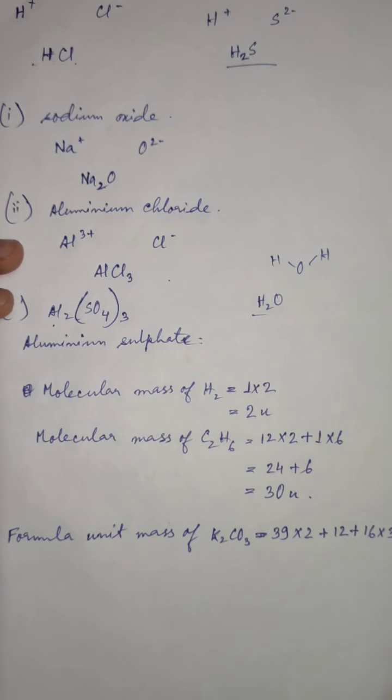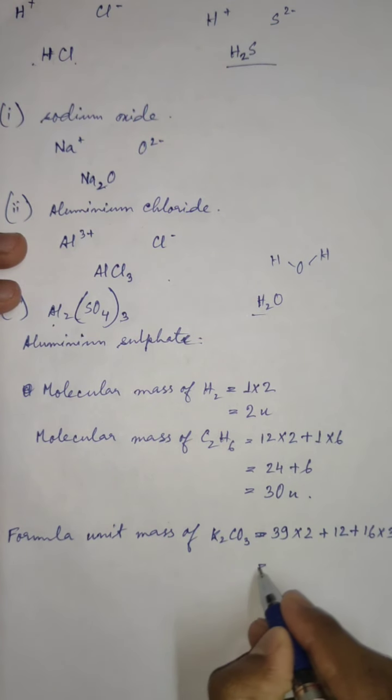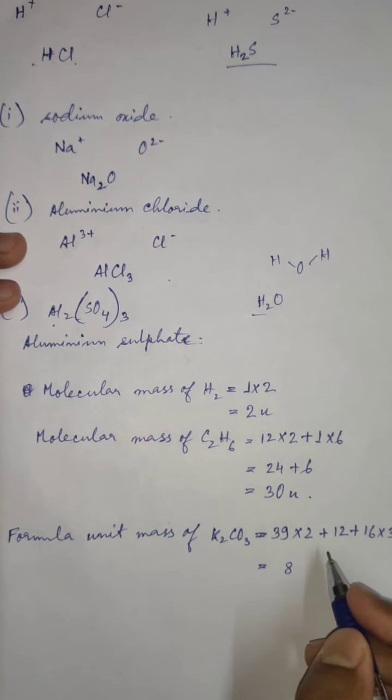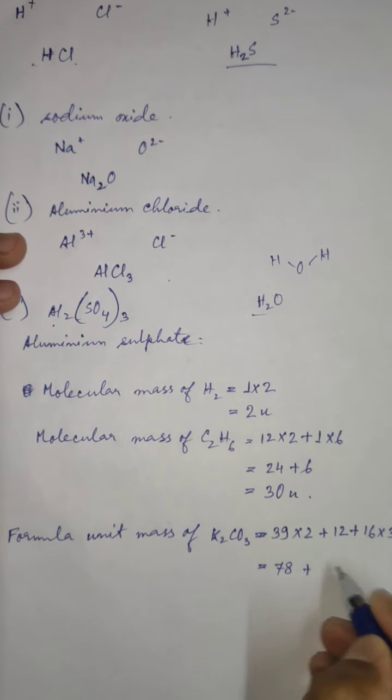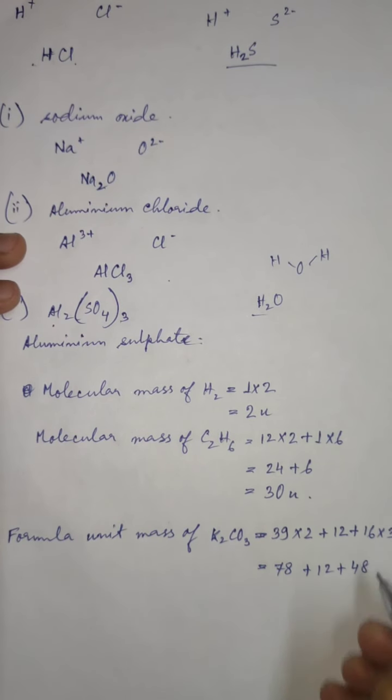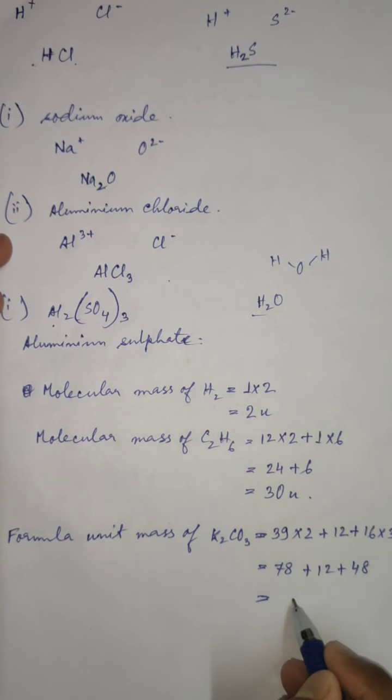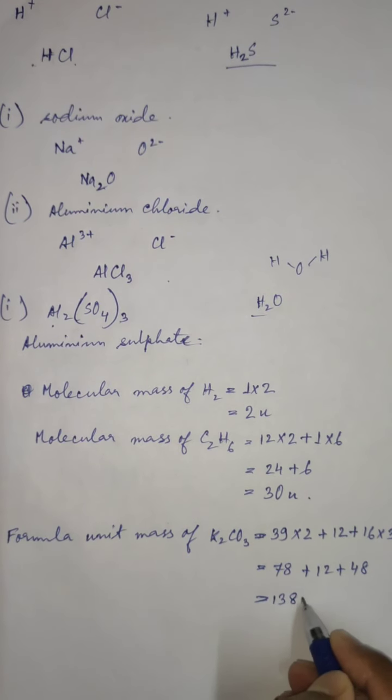Carbon and oxygen are given in table 3.2. Now calculate: 138 units. This way you can find the molecular mass, formula unit mass, or molar mass. All right, thank you.